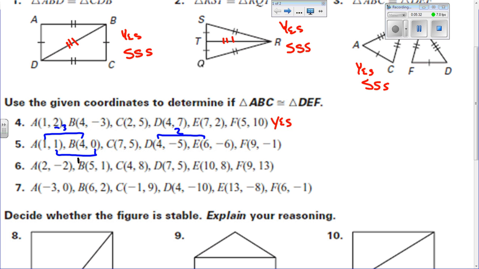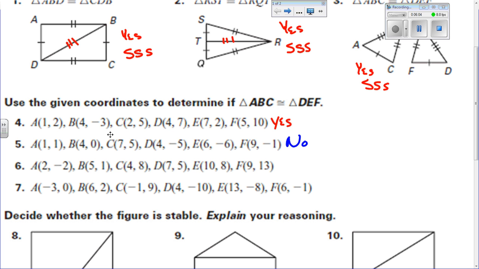DE, that's 2 and 1. It's not 3 and 1. It's 2 and 1. So it's a no. Thought it was at least no on the first part of it. Didn't have to wait till the third side.